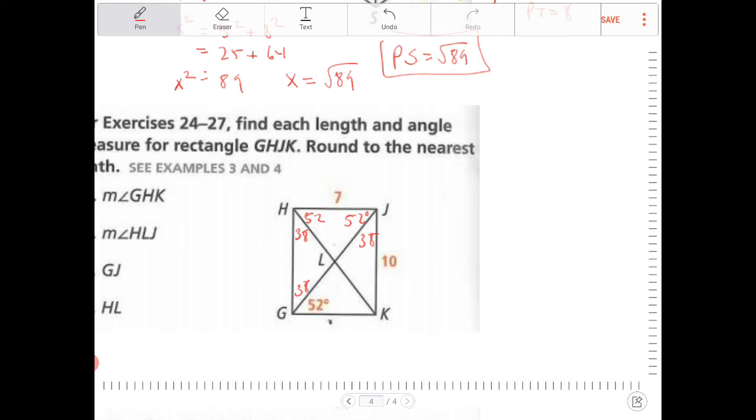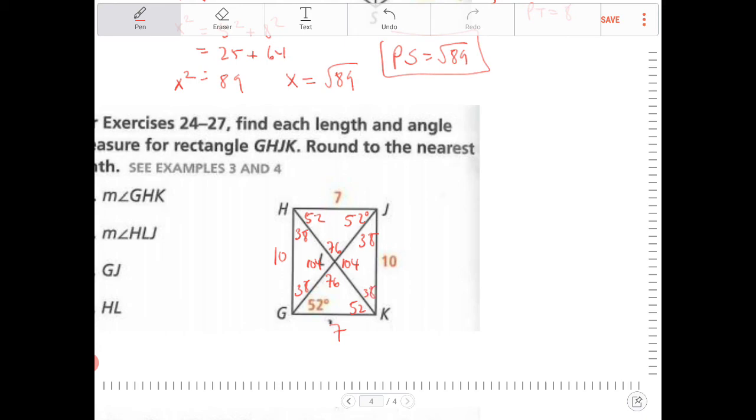And this angle on the inside there, that's 104, so that's 76. And this is 76. And that means this angle over here is 104 and 104. And this is 10, and then this is 7. And of course, this is 52 and 38.